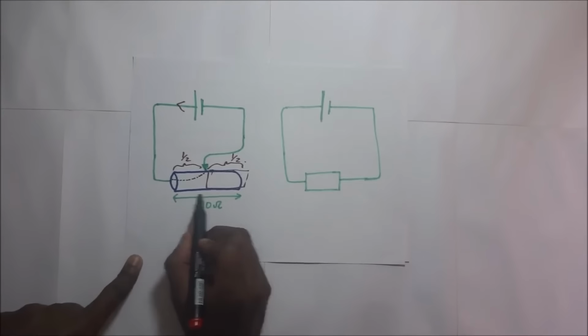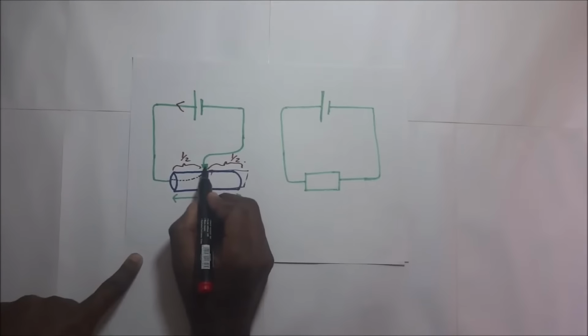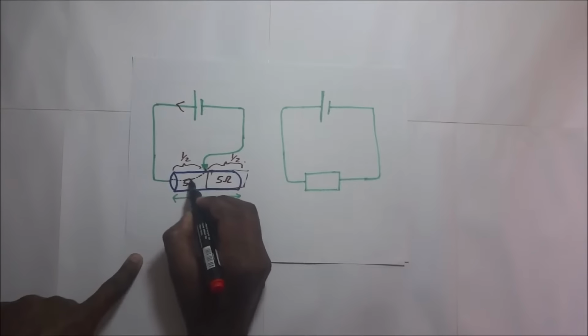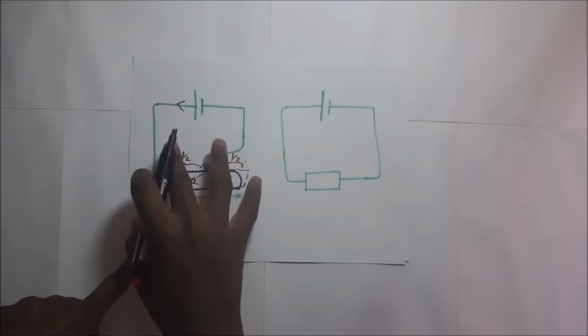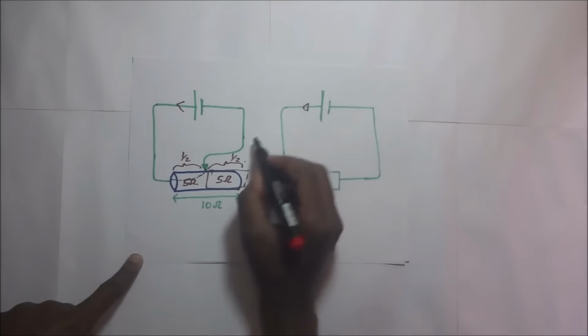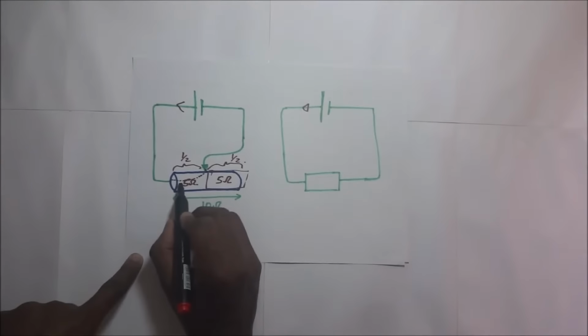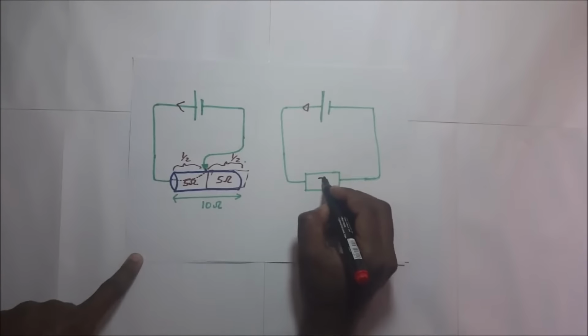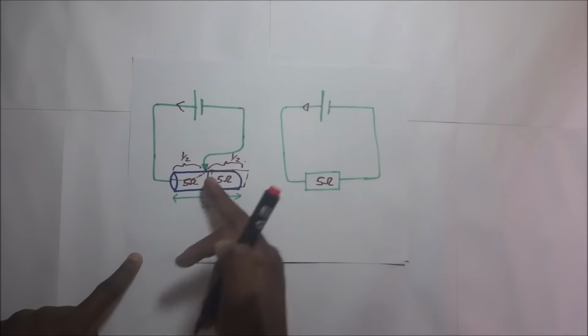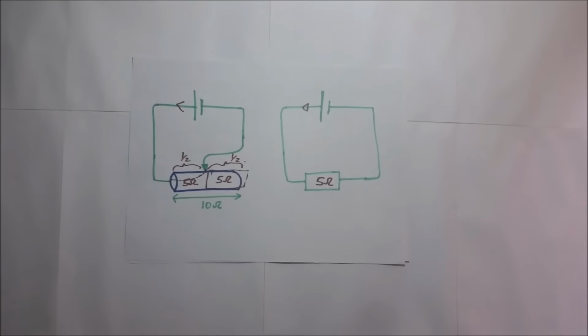So if this is 10 ohms and the slide wire is halfway, this is 5 ohms and that is 5 ohms. If we are to redraw this circuit, current is flowing out, and since this is at the center and it's only going through 5 ohms, it's like drawing it like this, where current goes through the 5 ohm resistor and this other part is redundant.